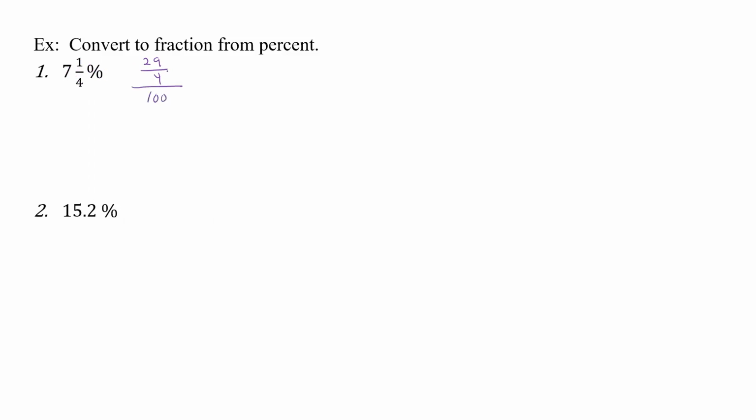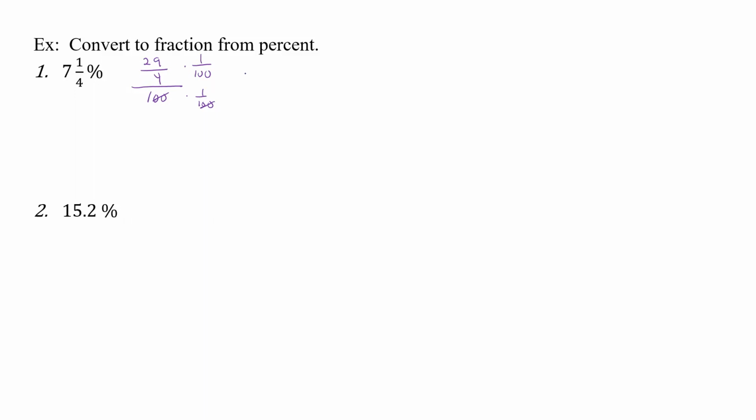Okay. Now we have to reduce and simplify. Well, you have a fraction divided by a number. So what we're going to do is multiply by the reciprocal. And whatever we do in the denominator, we also have to do in the numerator. So when we do that, 100 cancels 100. We just have 1 down here, so we can ignore this now. Now this, we can't reduce the 29.